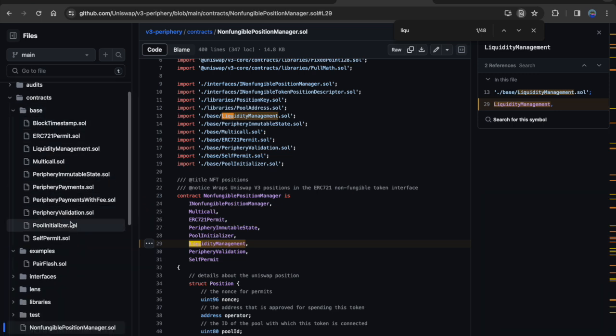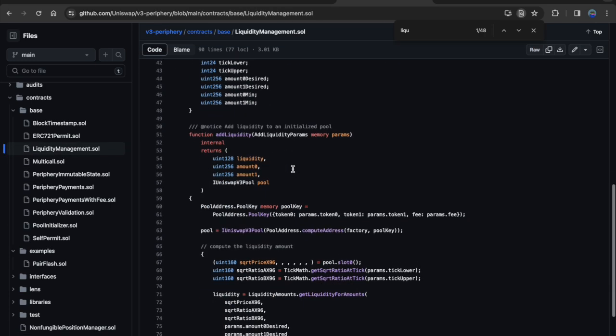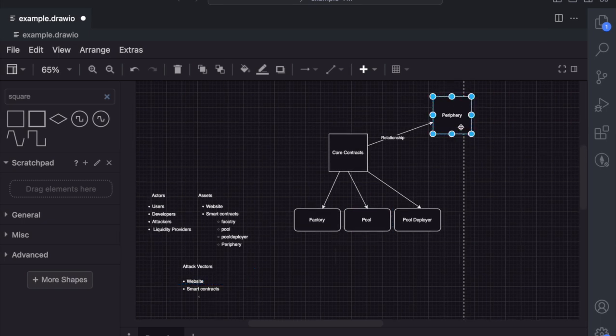We're not going to jump too deep into this, but it looks like this is where liquidity management is happening. All right, there we go. Yeah, the add liquidity. So we already can see that the periphery is what handles the liquidity portion.